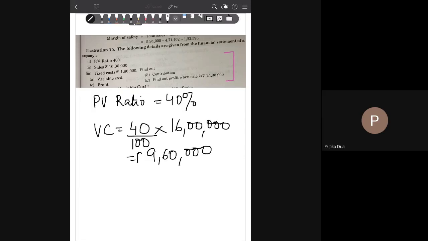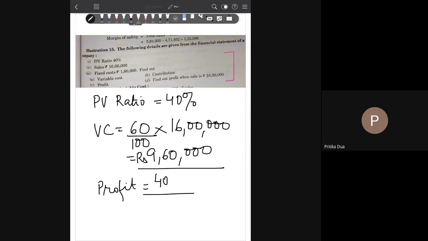And if variable cost is 60% and profit is 40%... 60 by 100 into 16 lakh gives you the variable cost.